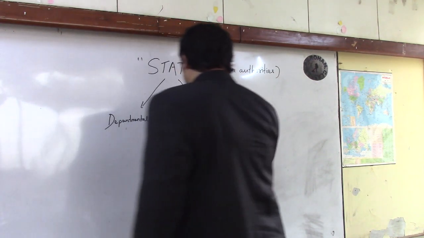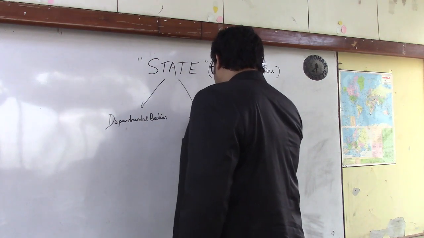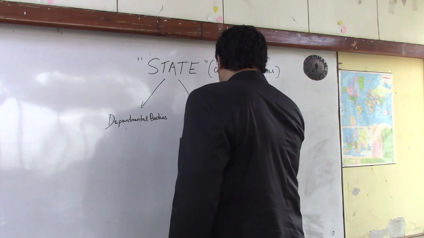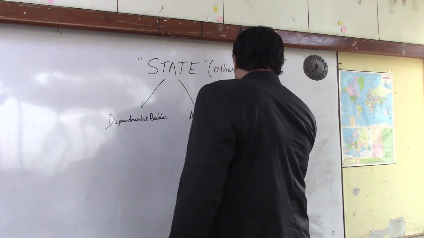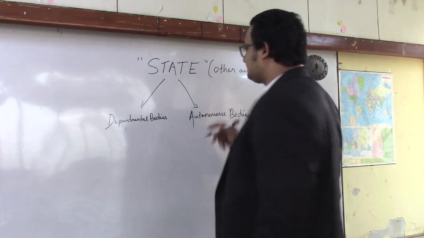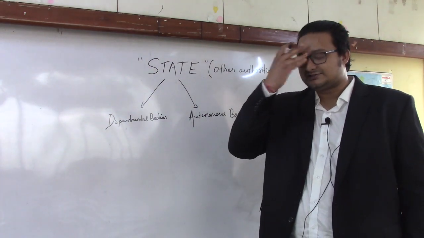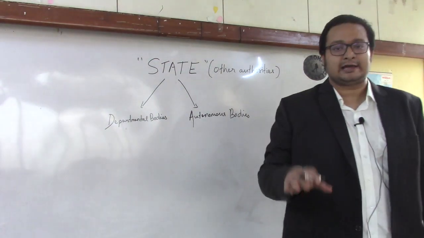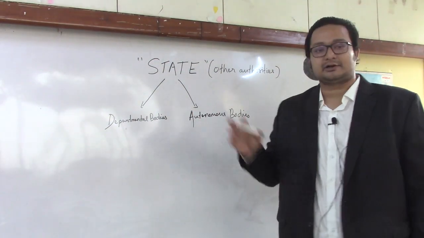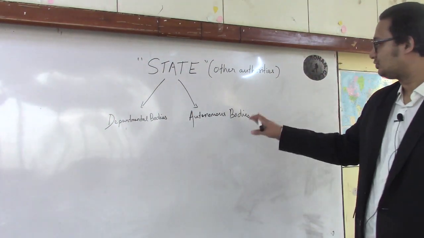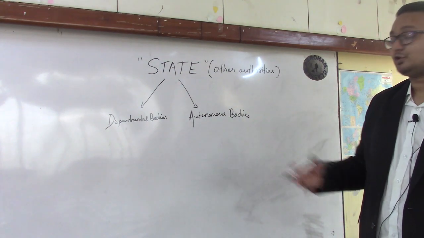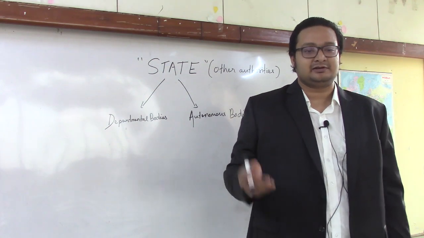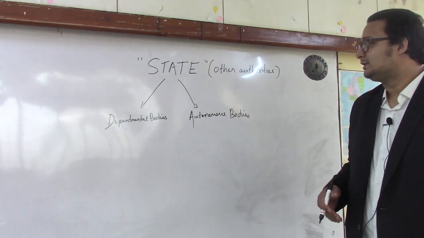This is a classification of what we normally refer to as state. Broadly speaking, state or government can either function through, like I mentioned in the paragraph, departmental bodies or autonomous bodies. What do we mean by departmental bodies? Quite simply stated, a government department, right?